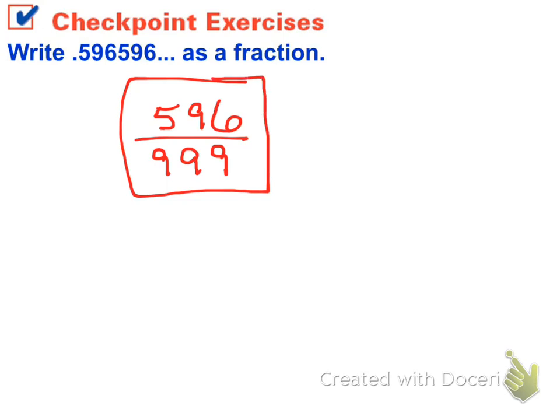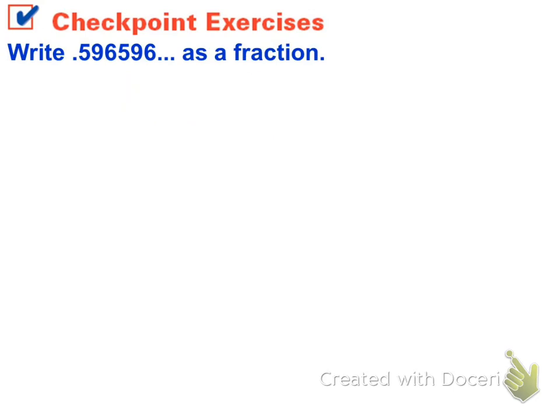Okay, there was one more I should have put into the video. I forgot to put a slide in for it. I'm going to add it here. I'd like for you to now try to write this as a fraction. Take this repeating decimal, which is 6.05656 repeating. So 565656 repeating. Give it a try. Pause the video, give it a try, see what you can come up with.